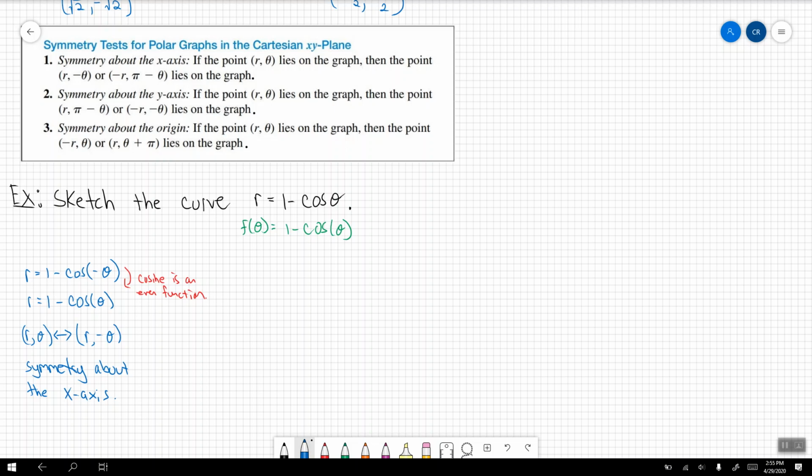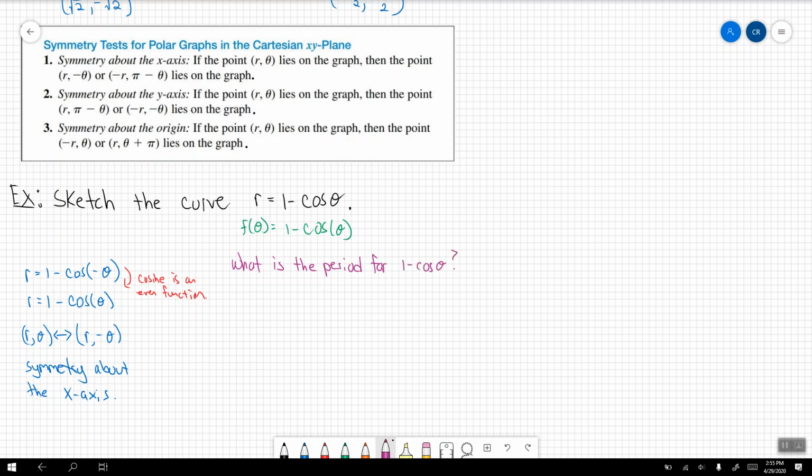All right, so now one of the things I want to check here is looking at 1 minus cosine theta, or looking at this function here. What is the period for that function? So what is the period for 1 minus cosine of theta?